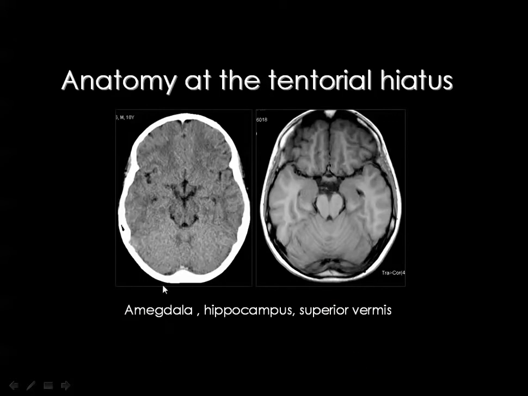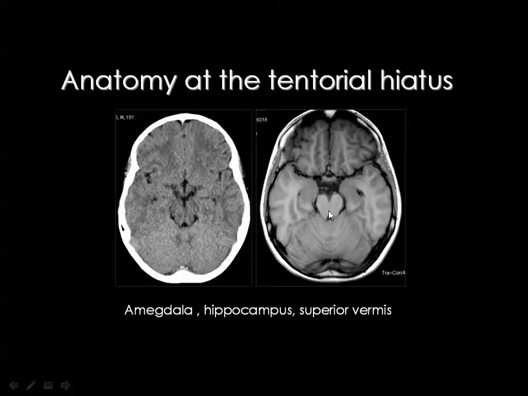Then look at the CT image and you can identify the quadrigeminal cistern with the terminal part of the fourth ventricle and the start of the aqueduct of Sylvius, and you can identify the midbrain. Here also, this is the superior part of the cerebellum, and this is the terminal part of the fourth ventricle passing towards the aqueduct of Sylvius, and this is the start of the midbrain.